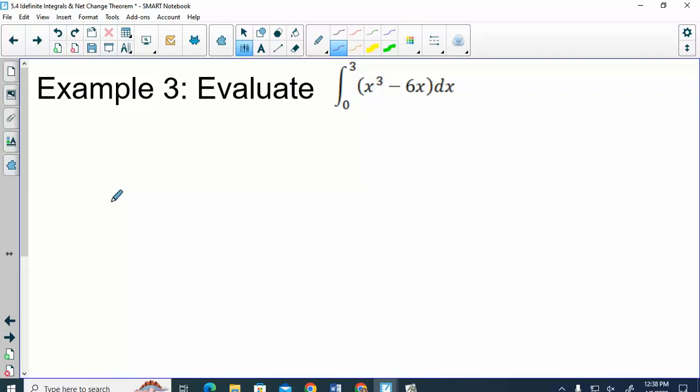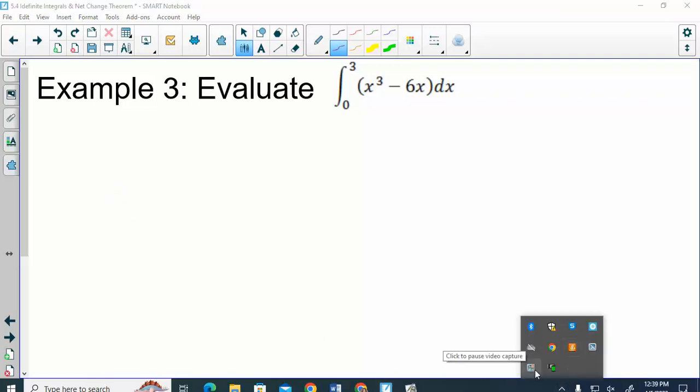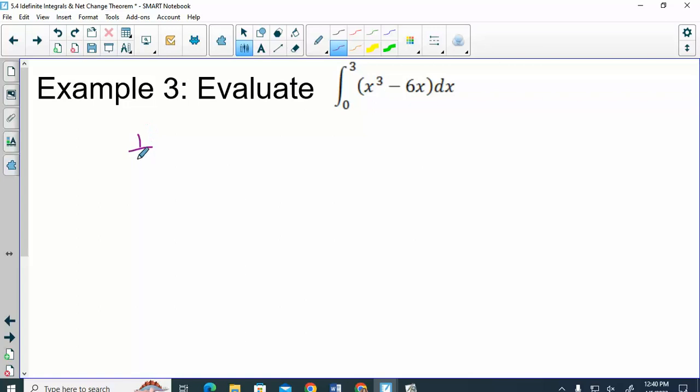This one, you guys do this one. Just integral practice. This is a definite one. So the antiderivative of x cubed minus antiderivative of 6x from 0 to 3.